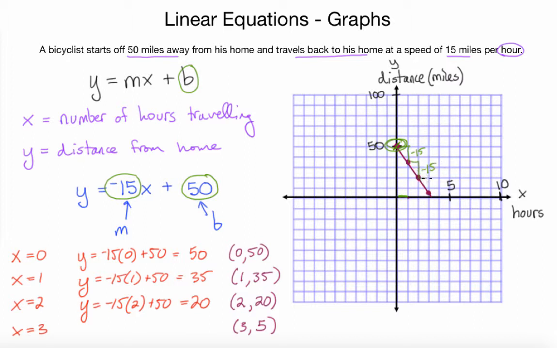If I go another hour, I subtract another 15 miles. This pattern where we're decreasing or adding, we can see that in my graph over and over too. Every time we change 1 along x, I should see whatever value for m here changing along my graph. And here we can see, yep, I'm going down by 15, subtracting 15 every time I go 1 hour.